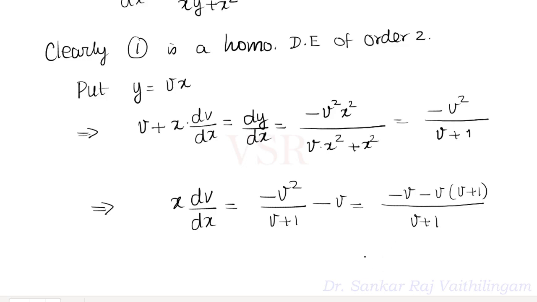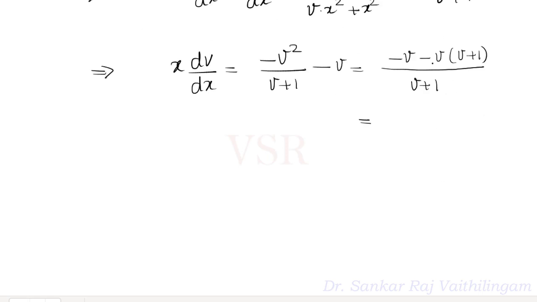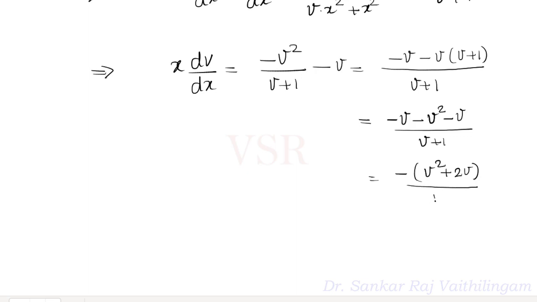This equals minus v minus v square, and another minus v, divided by v plus 1. Taking the common factor out: minus 2v minus v square, so we have minus, and this is plus 2v divided by v plus 1.